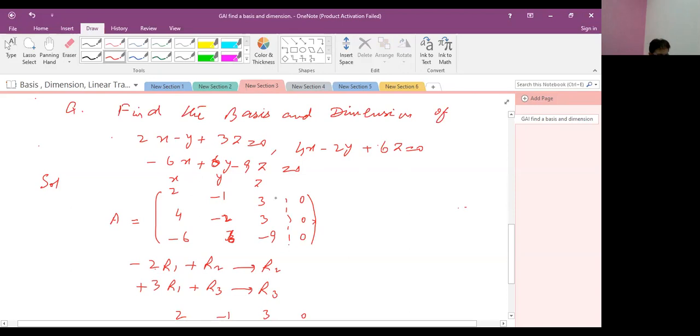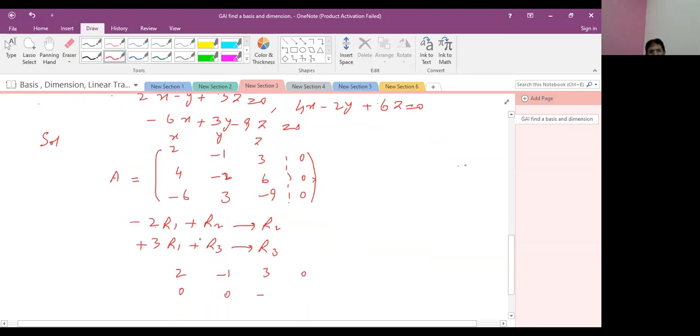It is 6z, and minus 6x plus 3y minus 9z. So we will simplify them. The coefficient of y is minus 1, minus 2, and 3, and the coefficient of z is 3, 6, and minus 9.